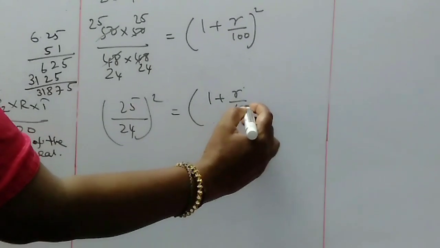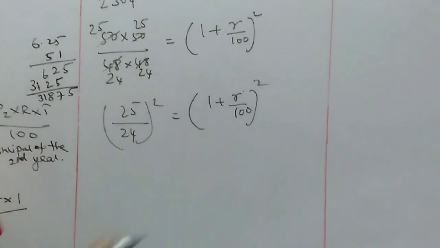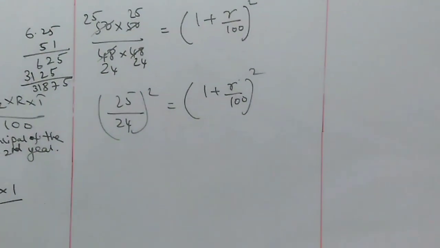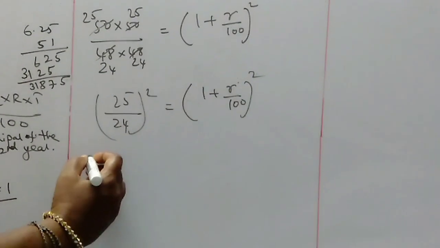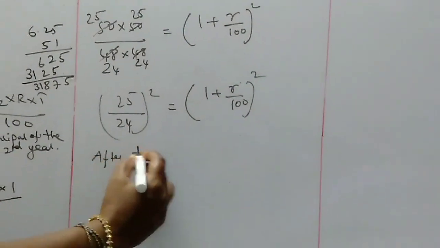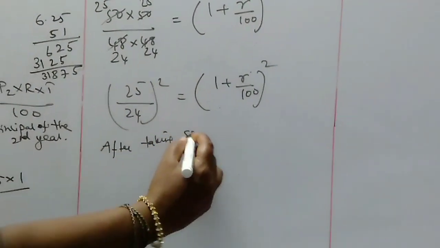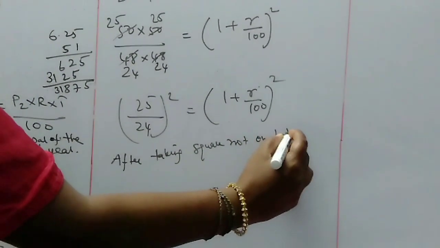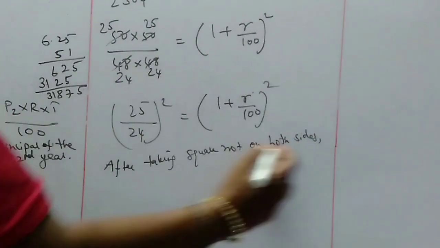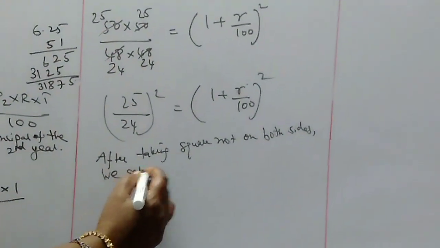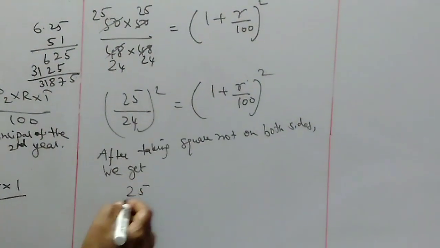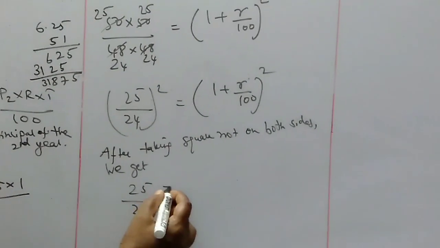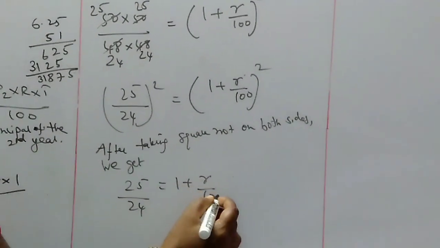And see here, to remove the square, we want to take square root on both sides. After taking square root on both sides, we get, no need to do those steps, we can simply write 25 by 24 is equal to 1 plus r by 100.